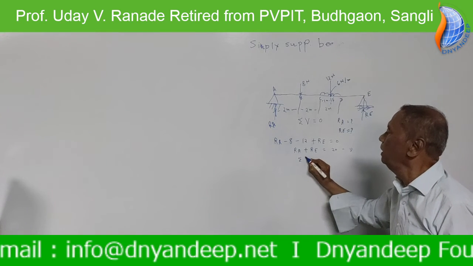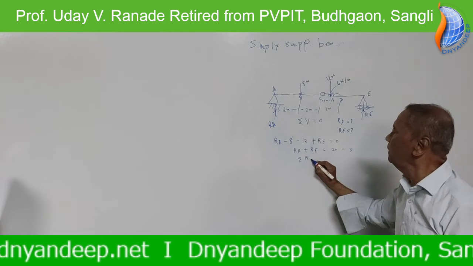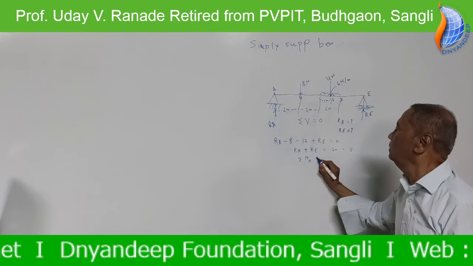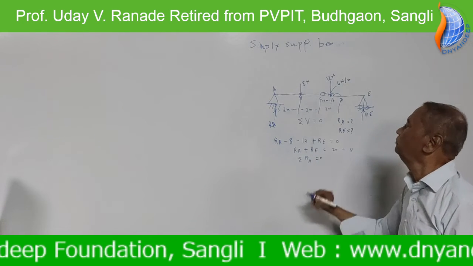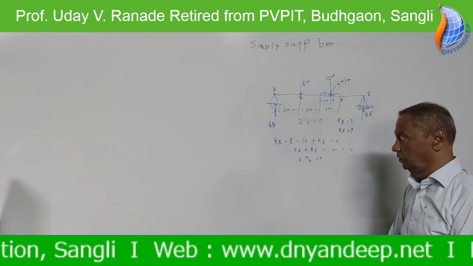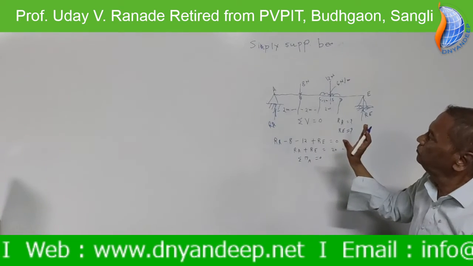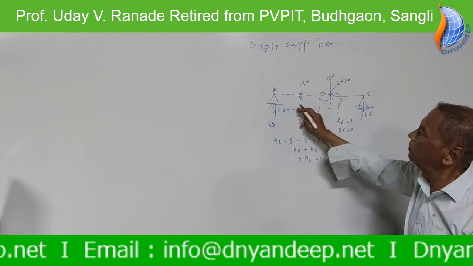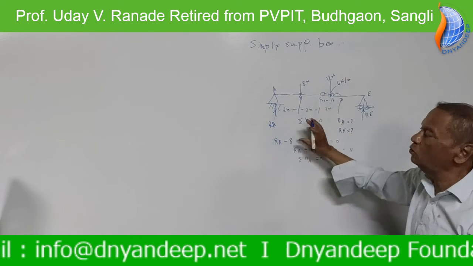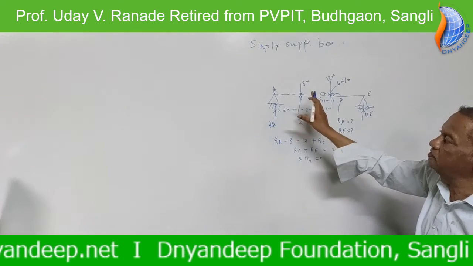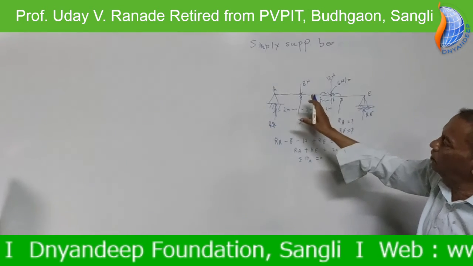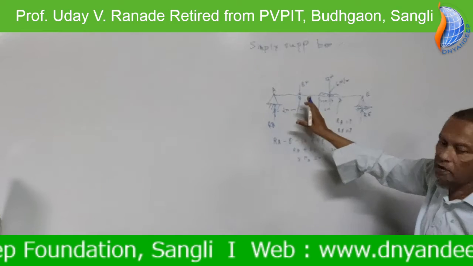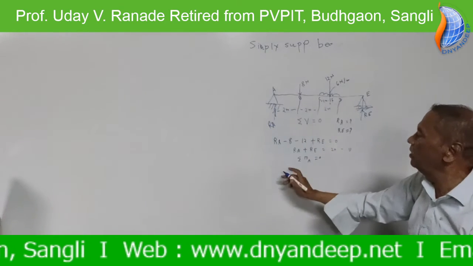Now second equation, sigma M about A equal to 0. Now take moments of all forces about A. What is the moment of 8 about A? 8 into 2, it is in clockwise direction. Once again, refresh whatever I have taught. 8 into 2 is clockwise and in positive direction.